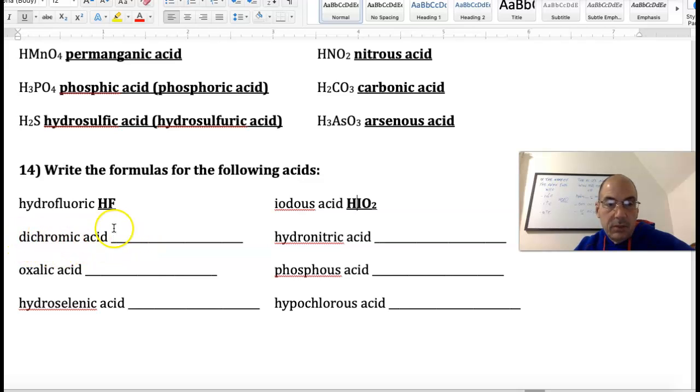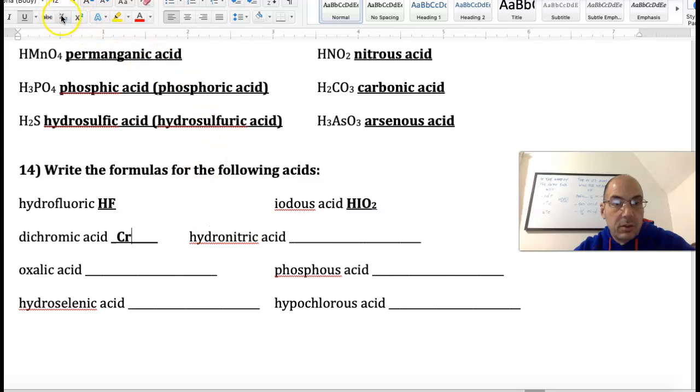Now dichromic acid, we have an -ic. Notice there's no hydro, this is just dichromic. -ic means that we must be talking about an -ate. We're talking about the dichromate ion. Well, the dichromate ion is Cr2O7, and it's a 2- ion.